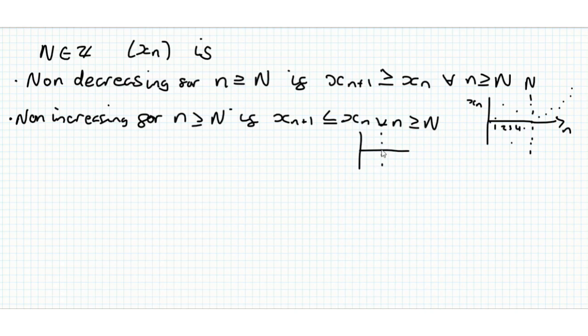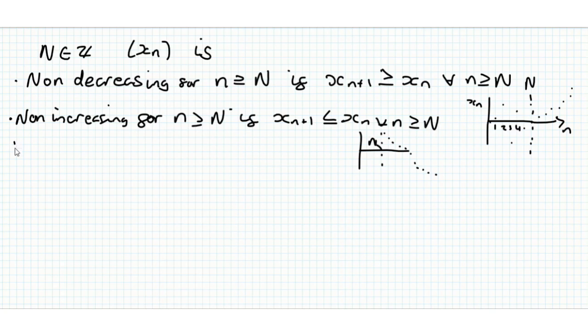We've got our N here, and then after, we have this non-increasing sequence, so every point is getting further and further down, or staying level at least.